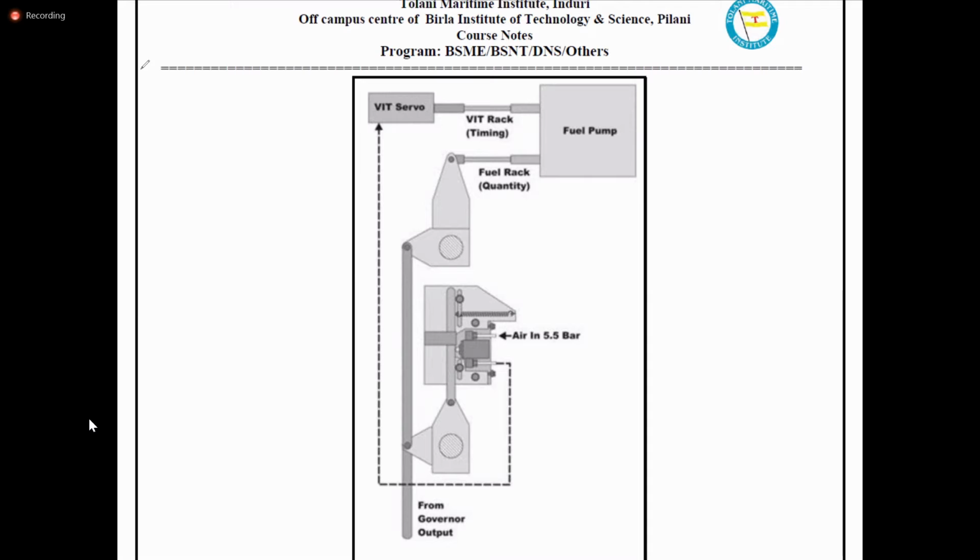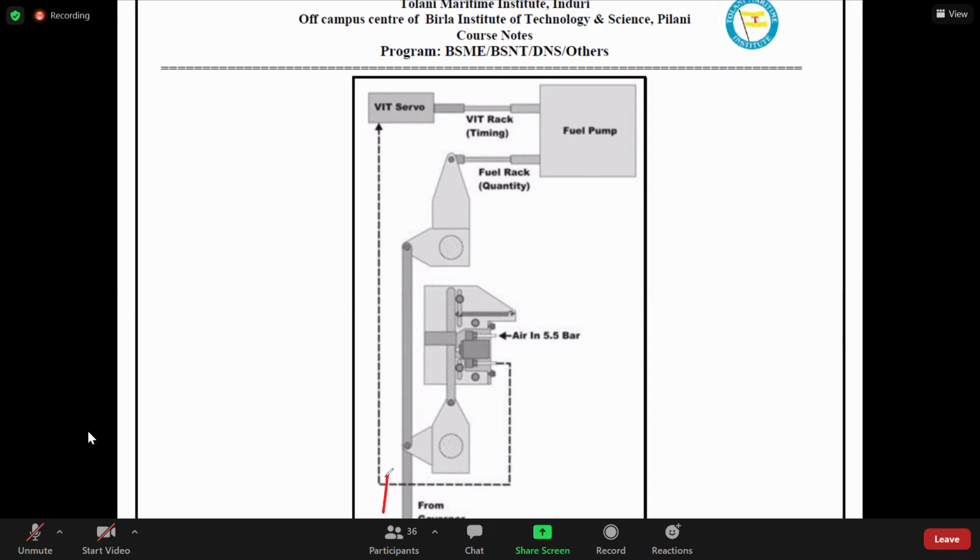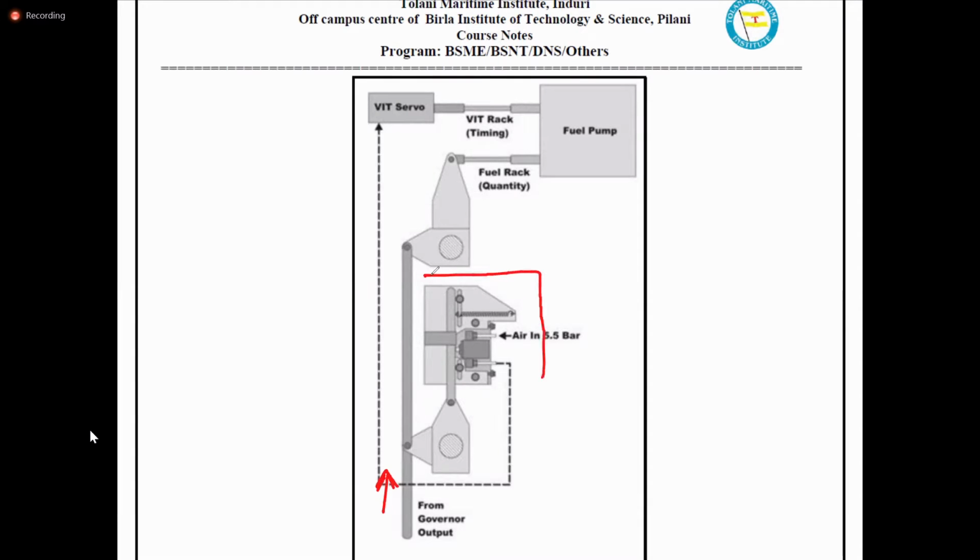So that is why you can see the governor output is fed back over here. Then you have a pressure regulating valve which is provided over here. It's a VIT pressure regulating valve which is there.